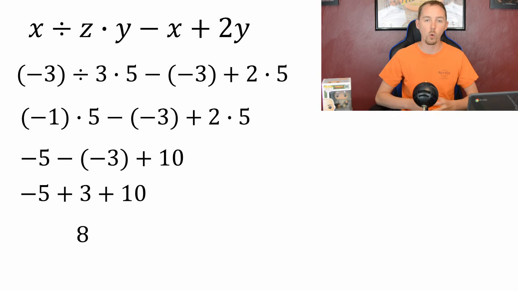So you'll see how order of operations got us to the final answer. If you did any of this in the wrong order, you would have gotten a wrong answer. The only answer that's acceptable is 8. If you had, say, done the multiplication first, then the division, you actually would have ended up with a fraction in your answer, which is obviously not the case. So it's very important that you understand left to right when doing that multiplication and division.